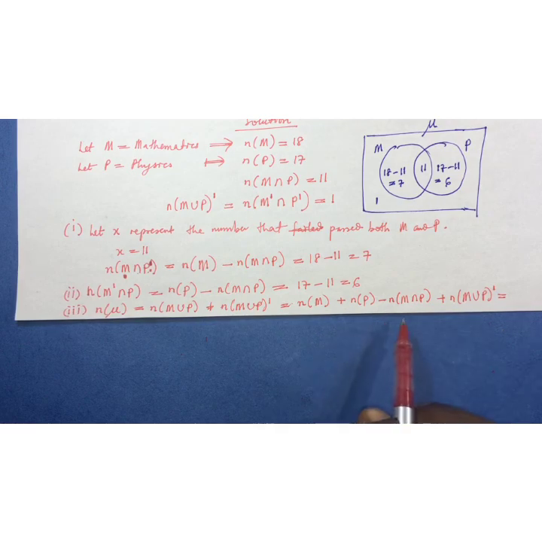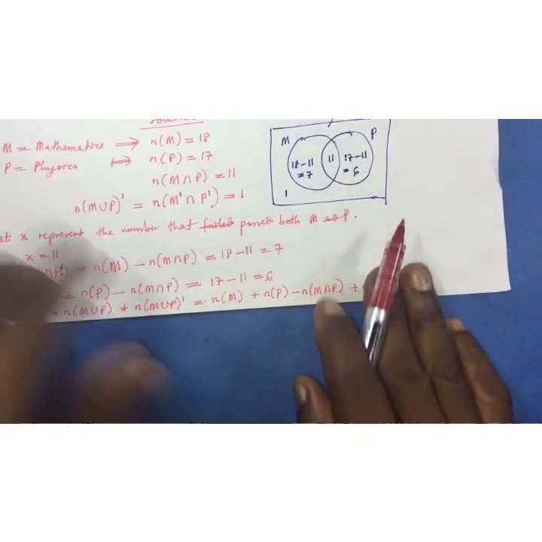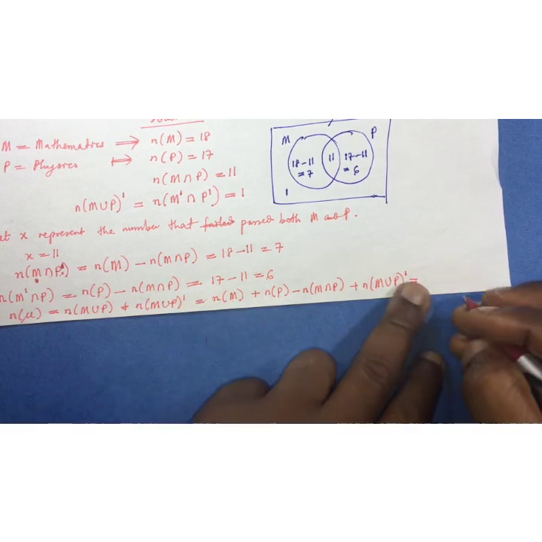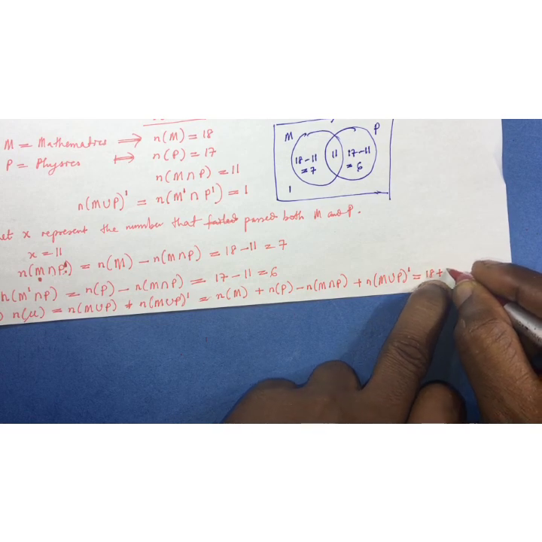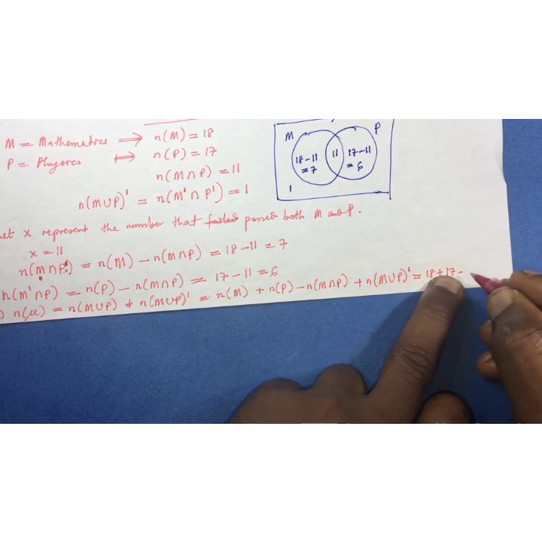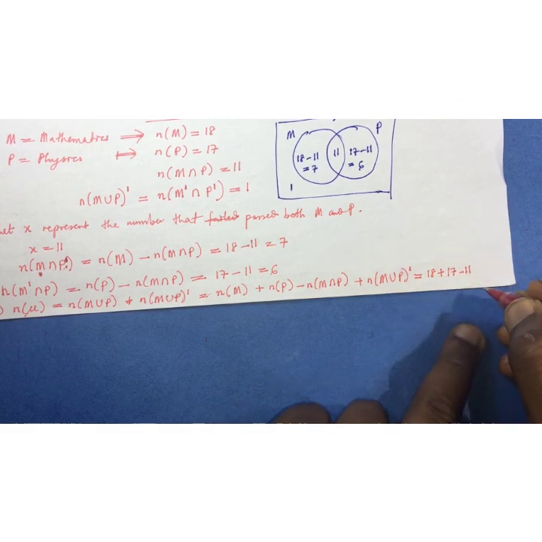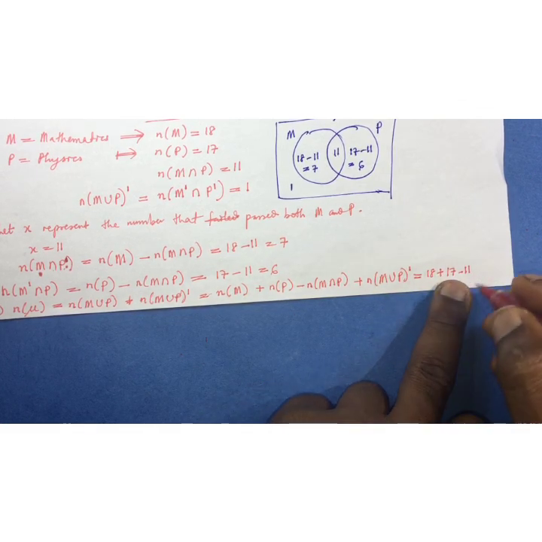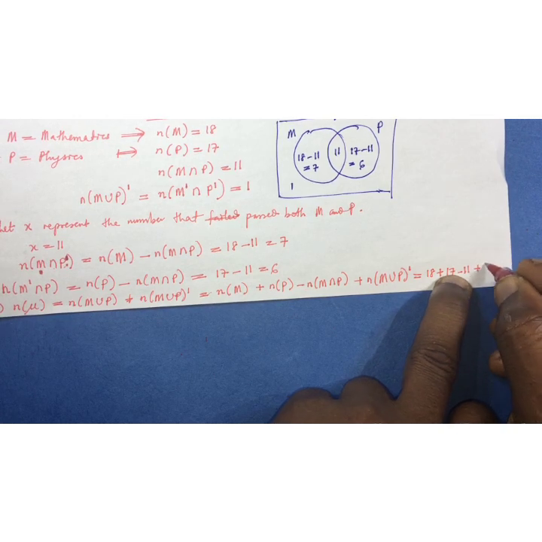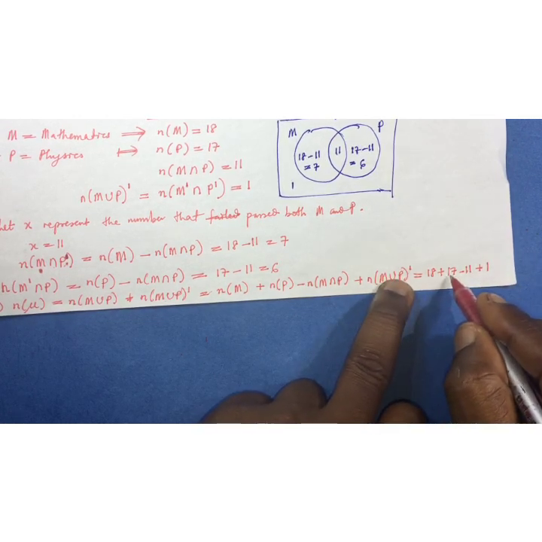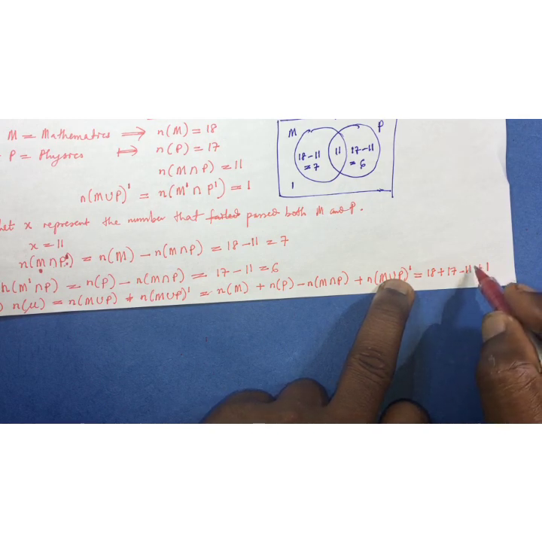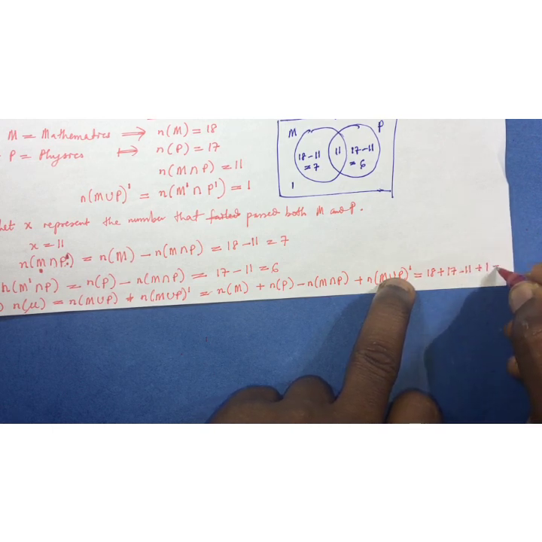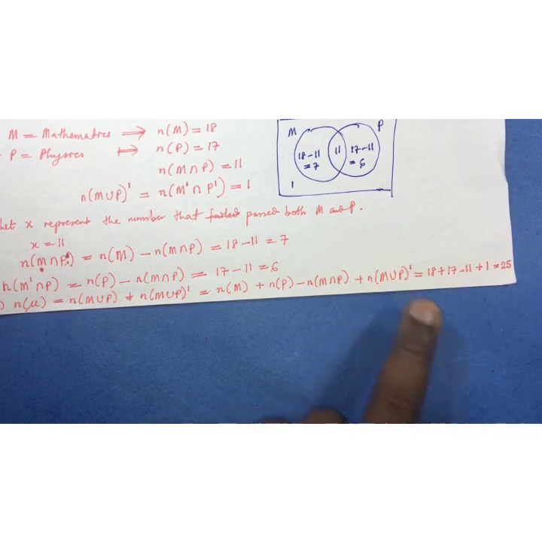That will quickly give you, now notice you will end up having number of those in mathematics was 18 plus the number of those who passed physics 17 minus the number of those who passed both 11 then plus the number of those who failed, and that is 1. So 18 plus 17 gives you 35. 35 plus 1 gives you 36, and 36 minus 11 will give you 25. So that will give you our result, 25.